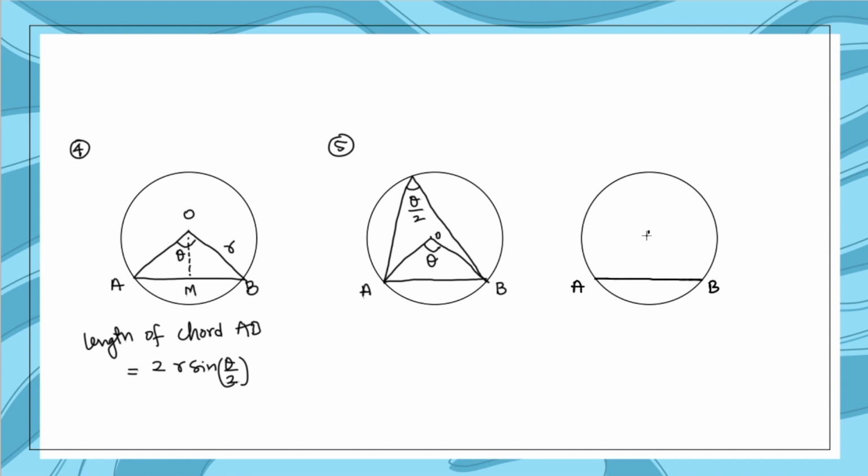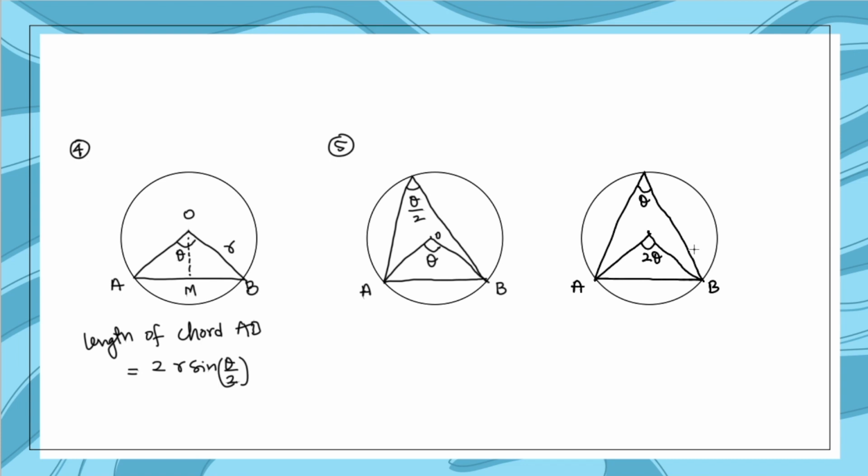If it makes an angle theta on the circumference of the circle, then the angle made by the same chord at the center of the circle will be twice of it, that is 2 theta. If it was theta, it became half of it; so if it is theta, it should become twice of it. So these are the 5 points which you need to know regarding the circle and the chord.